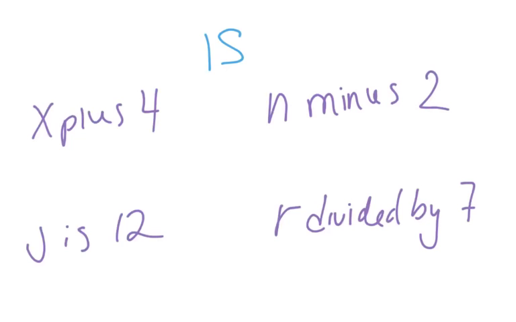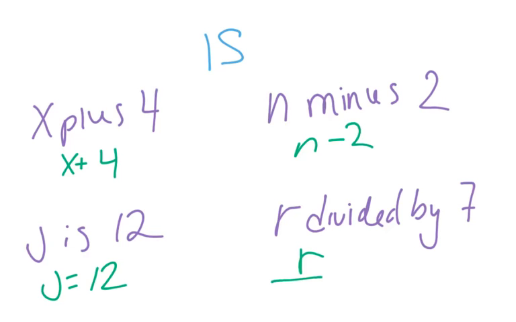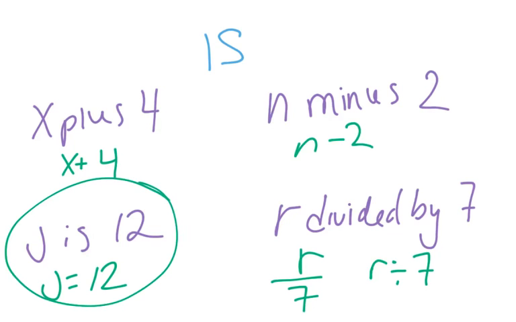So if you see a problem in words that's saying which one of these is an expression, which one of these is an equation, x plus 4 would be written as x plus 4. N minus 2, just like it sounds. J is 12, would look like this. R divided by 7 could look like either of these. This one right here is an equation, not an expression.